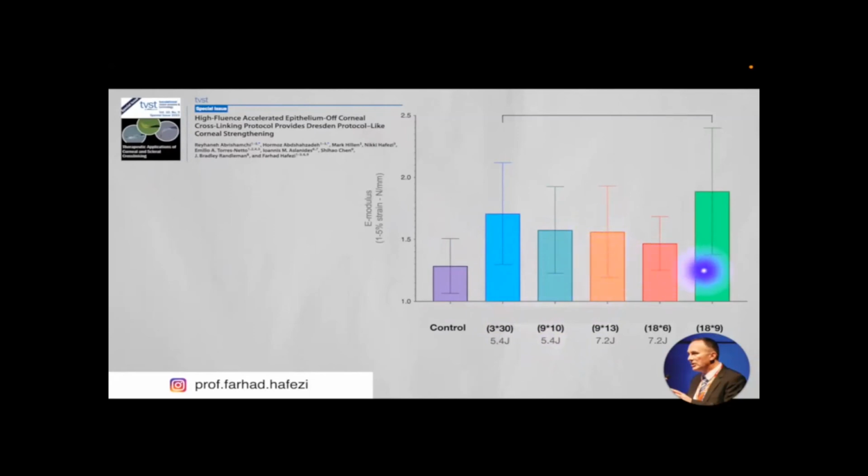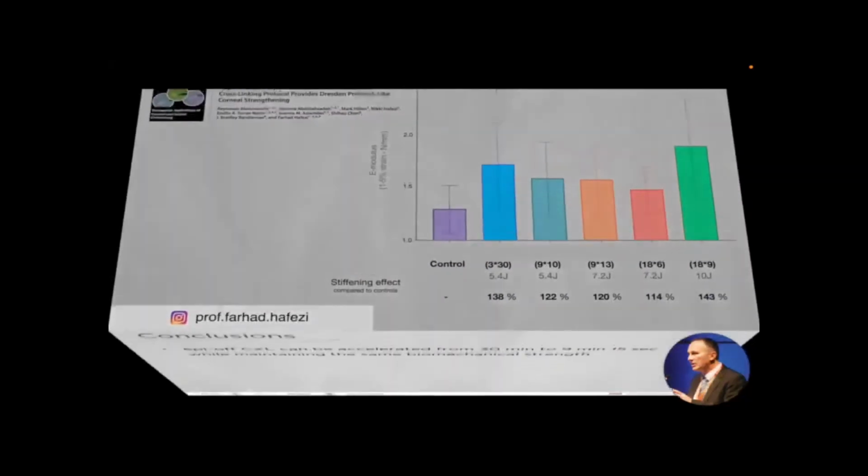But here, 18 milliwatts for 9 minutes, you are just as good as the Dresden protocol. And this is the one that we have established now. You have 140, sorry, you cannot see this. My image is covering the graph, but it would say 144%. And Dresden protocol is 138% of stiffening, so a very good effect.